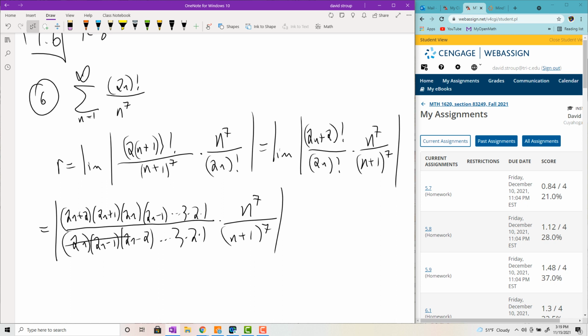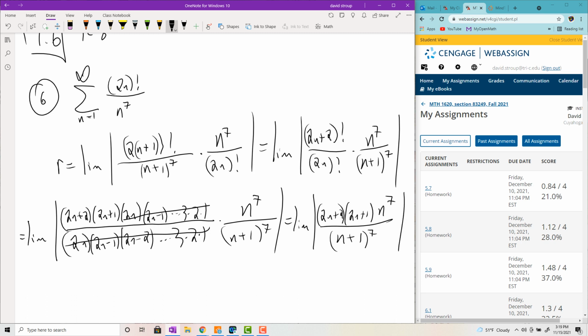Huge cancellation, and we end up with, and of course I lost my limit symbol, so don't be like me, always write that limit. This is the limit of the absolute value of 2n plus 2 times 2n plus 1 times n to the 7th all over n plus 1 to the 7th.